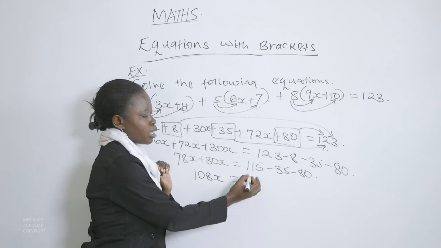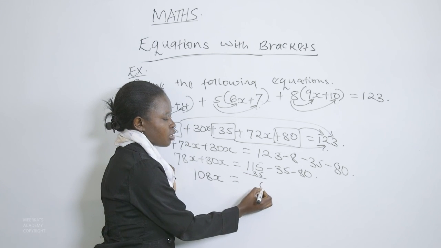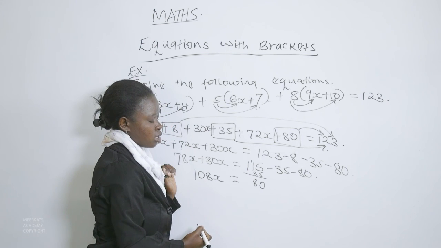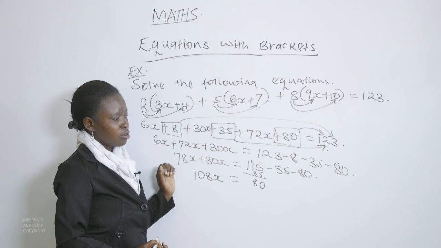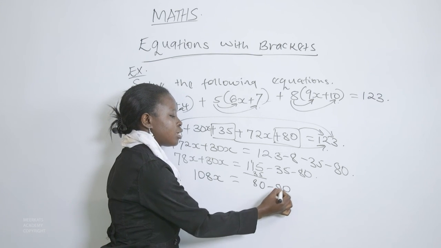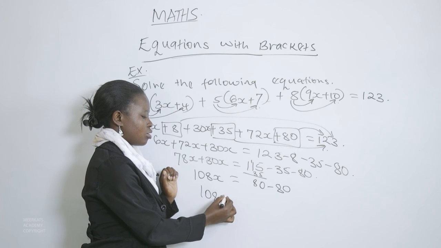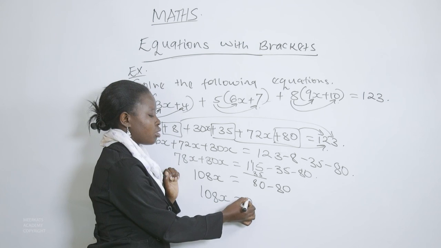115 minus 35. So 115 minus 35 gives us 80. So 80 minus 80. Then on the left hand side we have 108x is equal to 80 minus 80, which is 0.